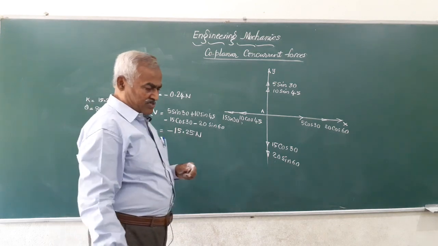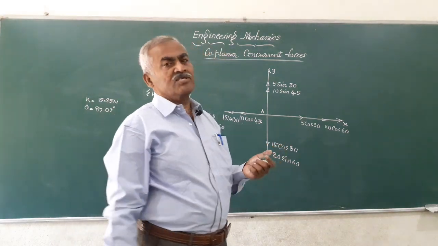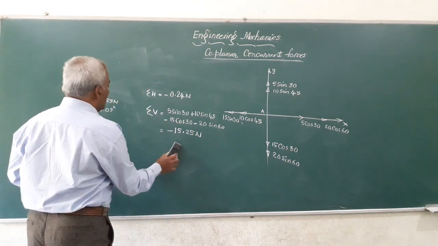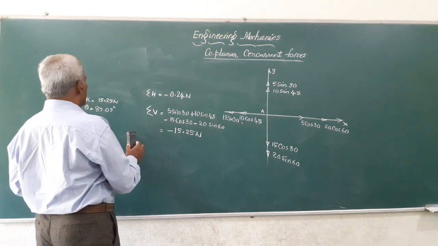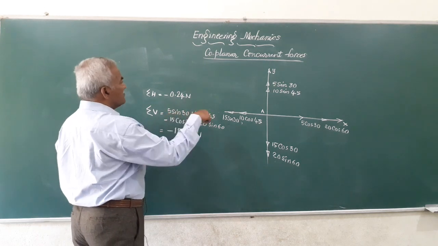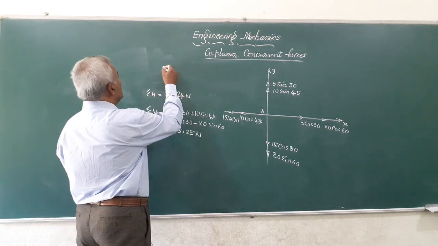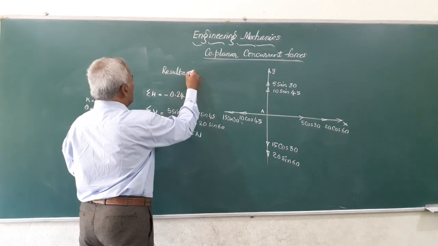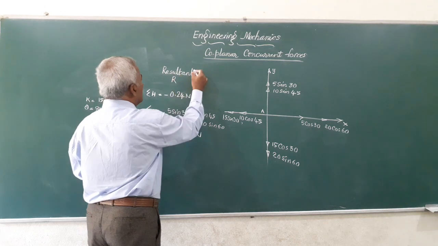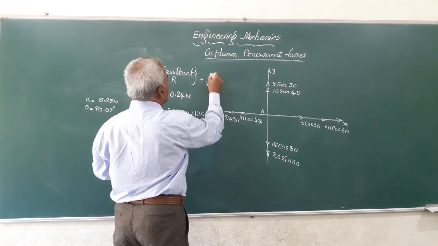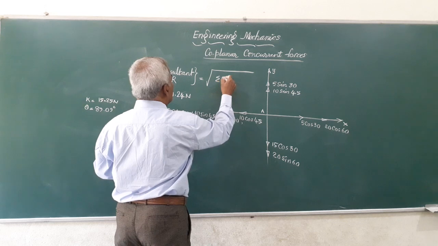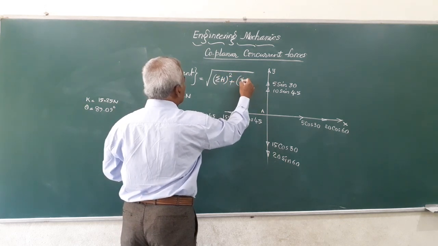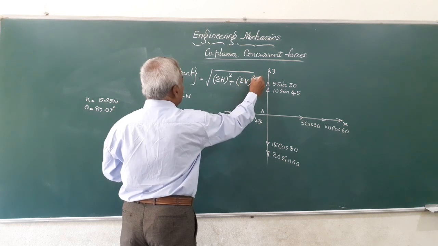So, we are able to find out both the algebraic sum of the horizontal forces and that of the vertical forces. Then friends, once you have these two values, we should be able to find out what is the value of the resultant of these two. Friends, the resultant R is given by the formula square root of sigma H square plus sigma V square.